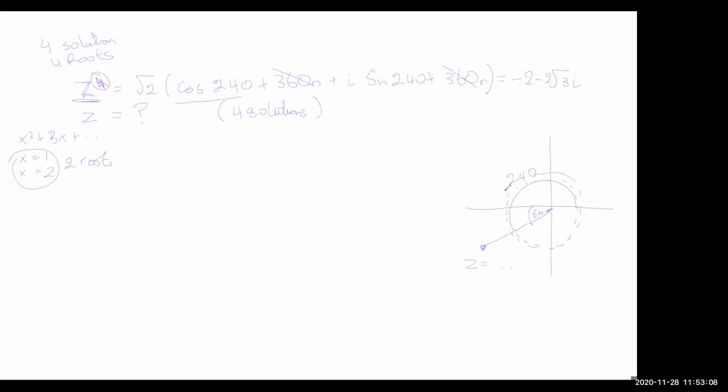It could spin around another 360 for the third root, and so on and so forth, which is why we have to give different values. We have to evaluate for every solution where n is equal to 0, n is equal to 1, n is equal to 2, and n is equal to 3. If that was only z to the power of 3, we'd only have 3 solutions, n is equal to 0, 1, and 2. Okay, so that's why.